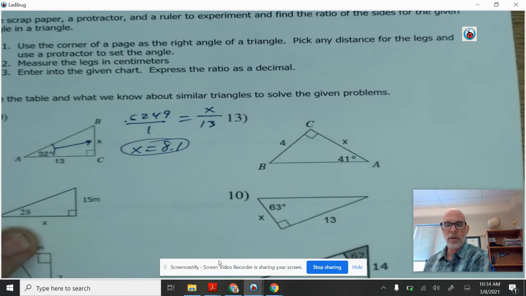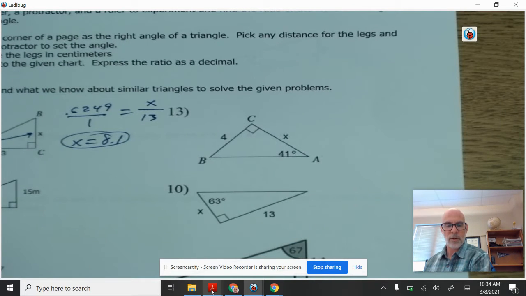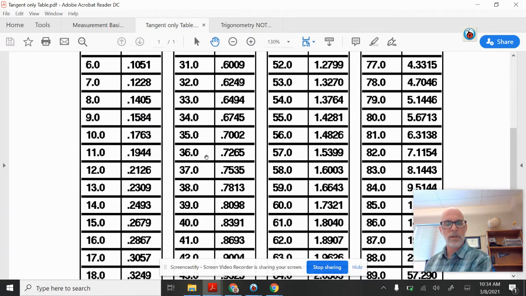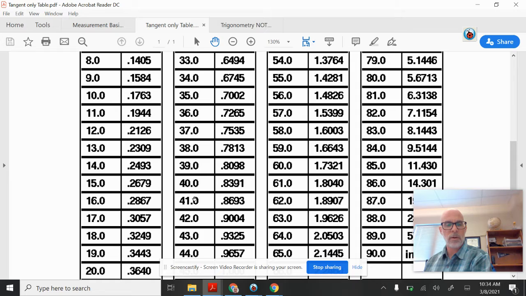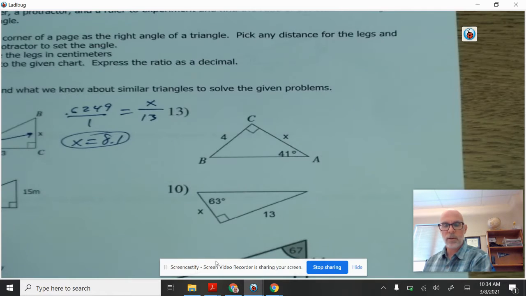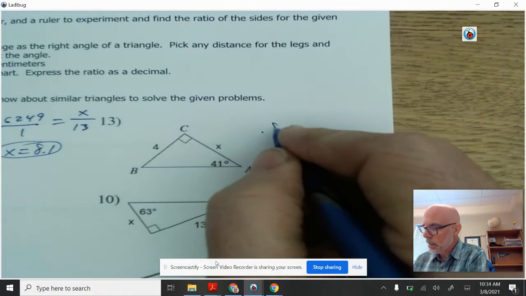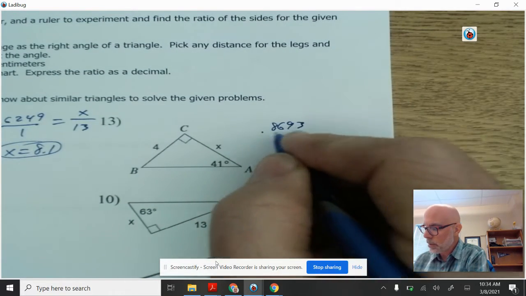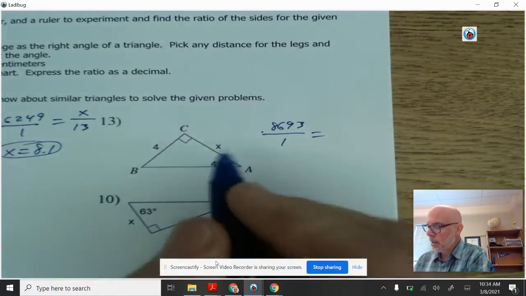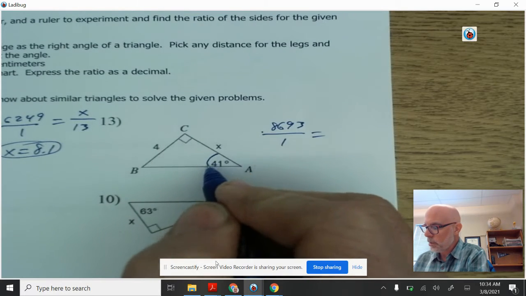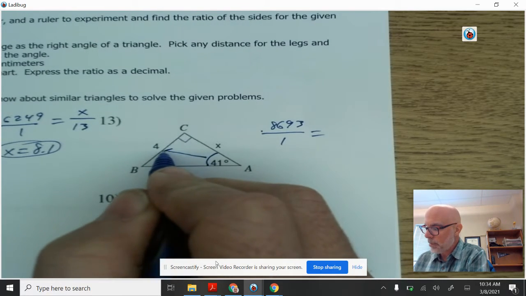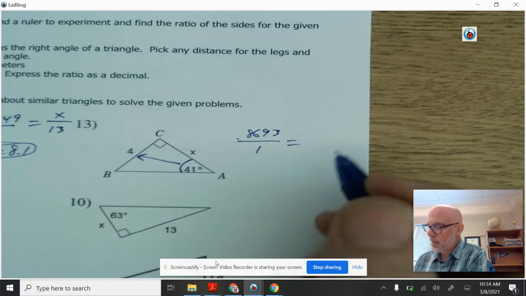And as you go through here, you just have to keep referring to the chart. For 41 degrees, that would be 0.8693. So I know that it's 0.8693 compared to 1. Now be careful, the triangles are starting to turn on you a little bit. This is the opposite, and that's got to be the adjacent leg.